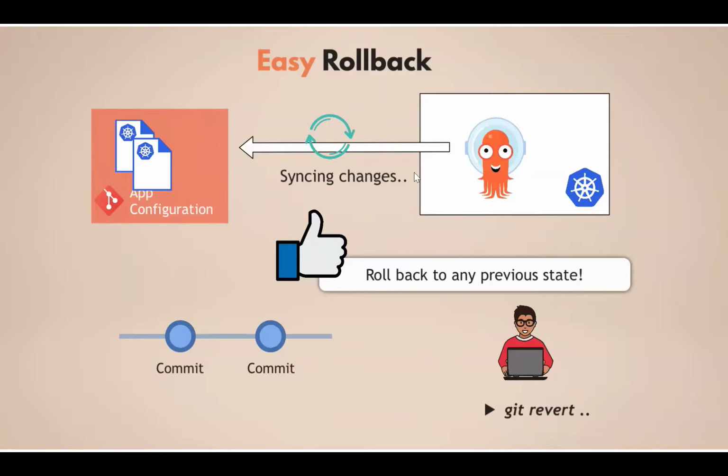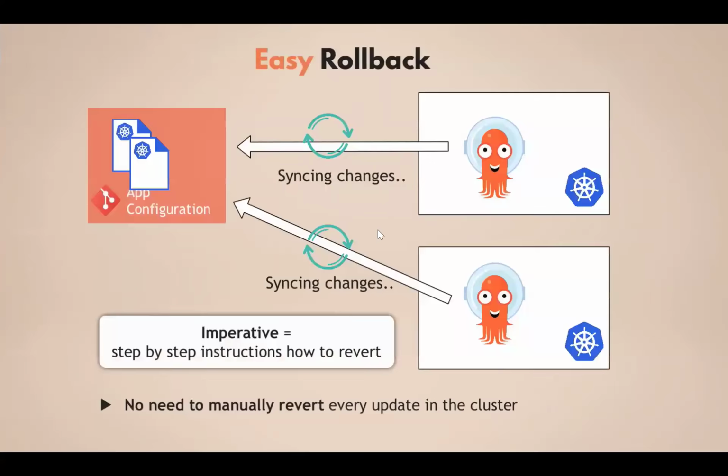So that's another issue. Easy rollback, and changes are synced. These are imperative step-by-step instructions on how to revert it. You can easily do it. No need to manually revert every update in the cluster. You just mention the step and it will revert it like this.